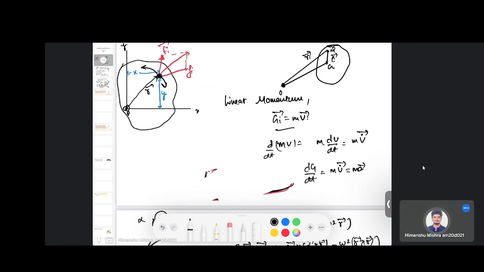And you can see that this ma is actually the summation of force that we have discussed at the beginning of the class. So from this equation we can see that the rate of change of momentum is actually given by the summation of force, right?